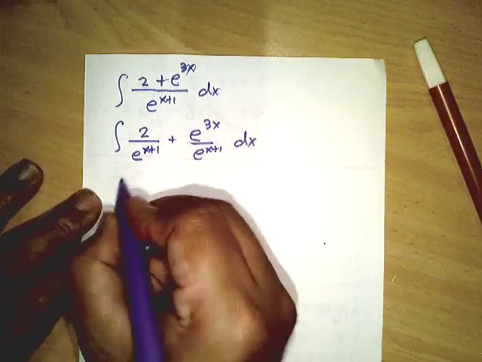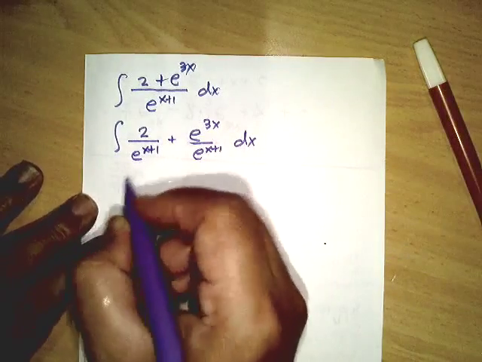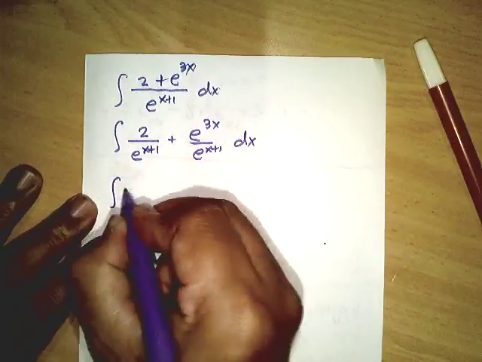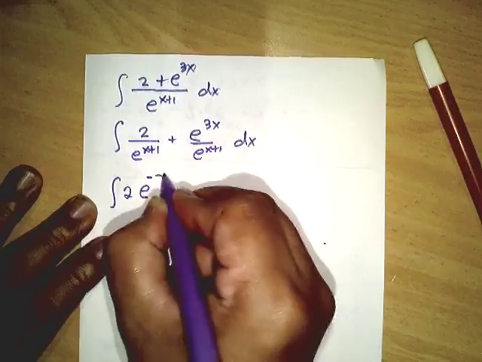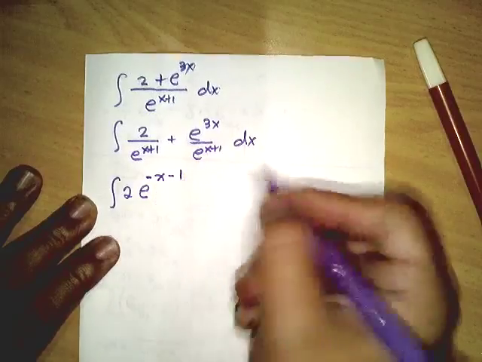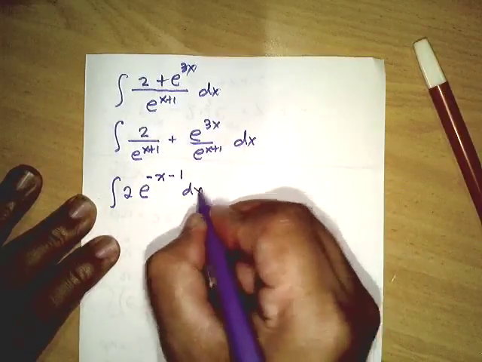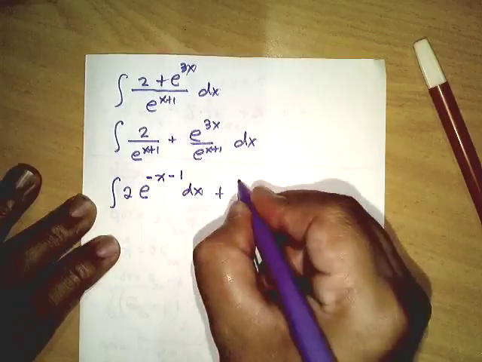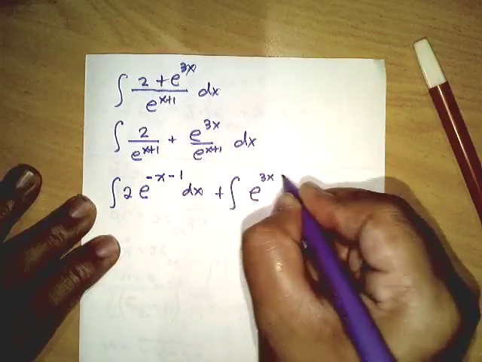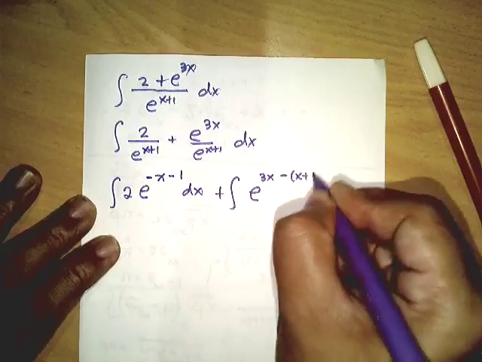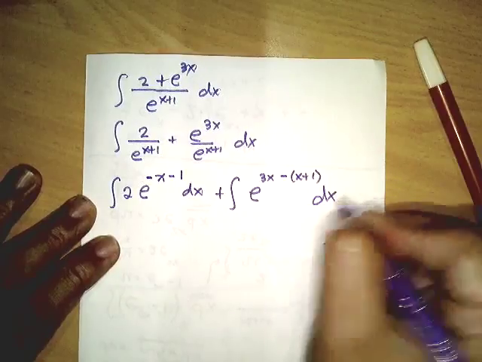And after that, this one could be written as the integral of 2e to the negative of x minus 1 dx, plus the integral of e to the 3x minus x plus 1 dx.